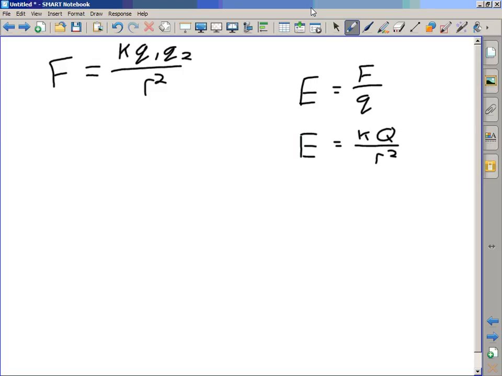Then, from this idea of voltage, we got this equation. Work equals negative Q delta V. The amount of work that a particle does is equal to negative charge of the particle times the change in potential difference it goes through.